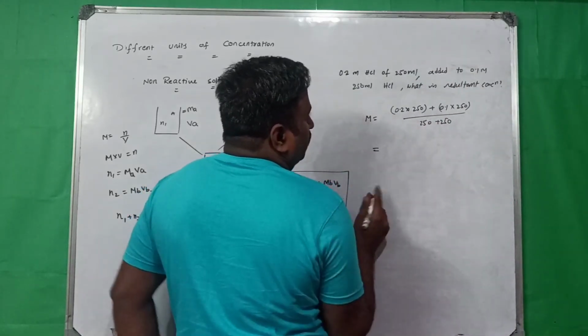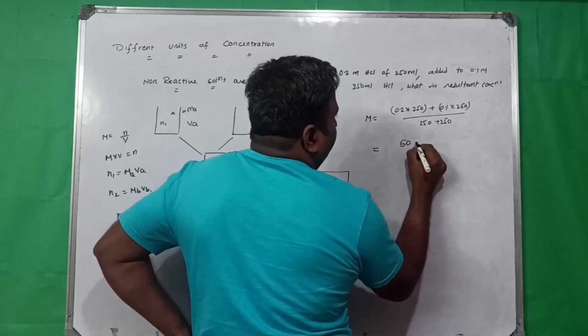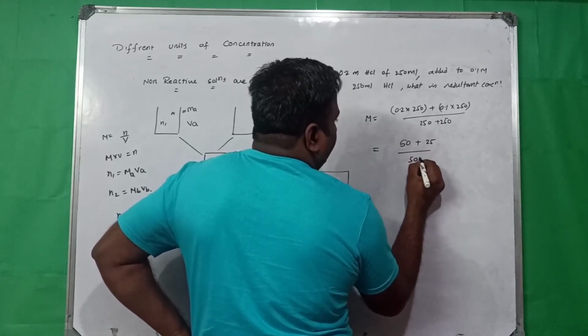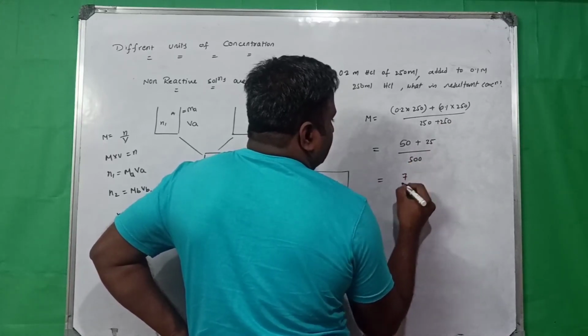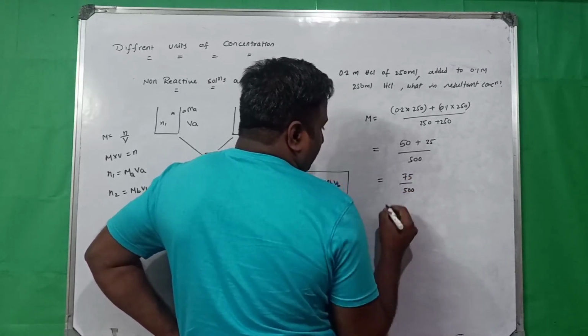That is equal to, we can write it as 2 into 25, 50 plus 25 upon 500. You can take it as 75 upon 500.